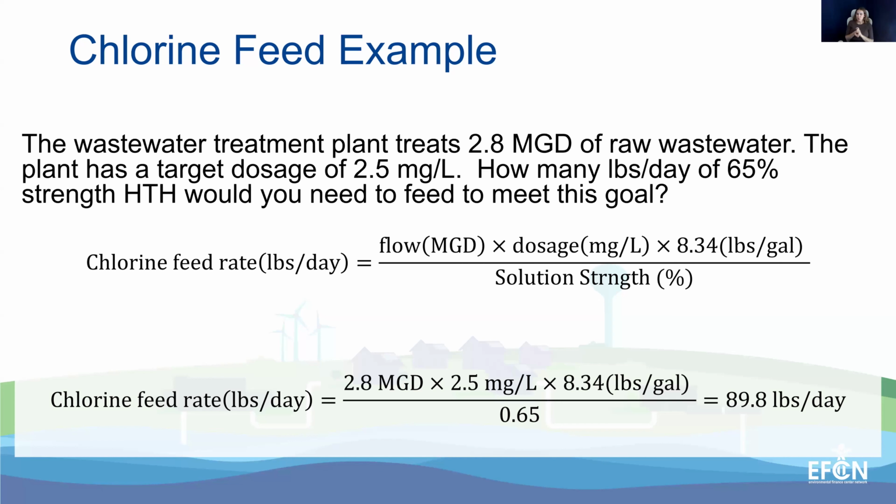So we plug that into our equation: 2.8 MGD times 2.5 milligrams per liter times 8.34 pounds per gallon divided by 0.65. And this would be 89.8 pounds per day. We were able to get to our correct units because we were already in MGD and milligrams per liter. Now, like we said, we can rearrange these problems.